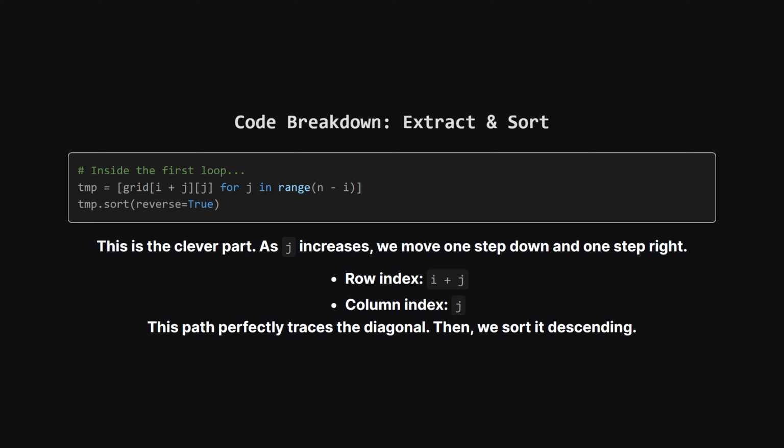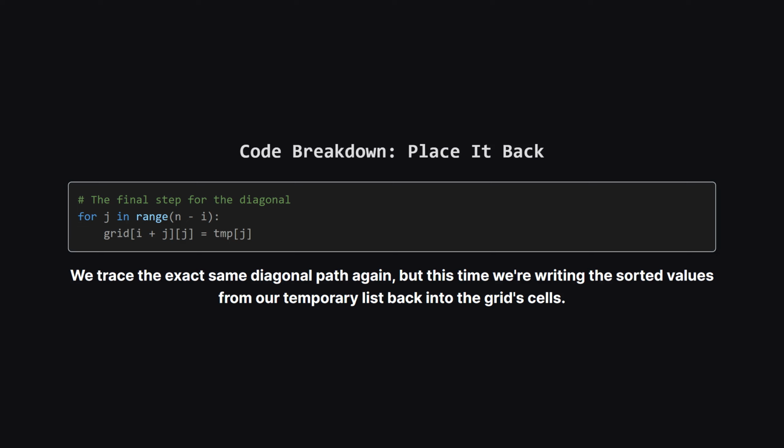Once we have them all, we sort that list in reverse, or descending, order. And finally, we trace that same path a second time. Using the exact same i plus j and j indexing, we walk along the diagonal again. But this time, instead of reading values, we're writing the sorted values from our temporary list back into the grid. With that, one diagonal is completely sorted and updated.